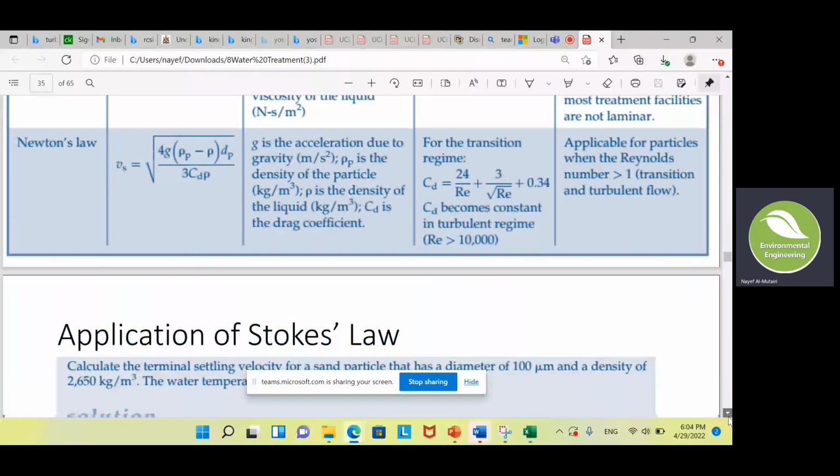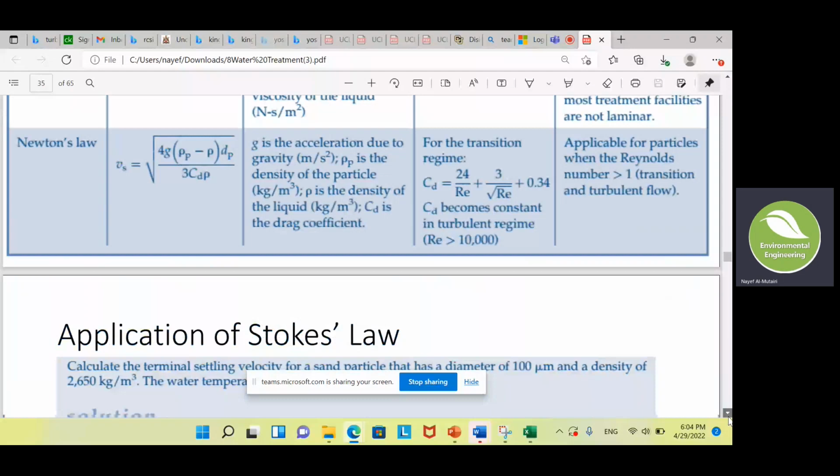Once we went to the other example, we found the settling velocity 113.8, and then when we checked the Reynolds number, it was higher than 1, which means that this settling velocity 113.8 is not correct, and we cannot use Stokes' Law. Later on, we found CD, and we found a settling velocity of 97.1 meters per hour, but that is not it. We have to do simple trials, iteration.